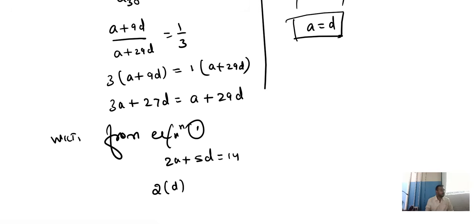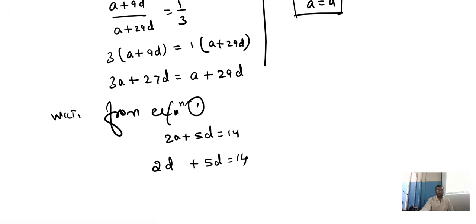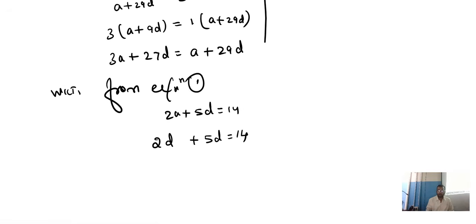In place of A I am writing D, so 2D plus 5D is equal to 14. 2D plus 5D is 7D, which is equal to 14. So D is equal to 14 upon 7. 7 twos are 14. The value of D is 2.